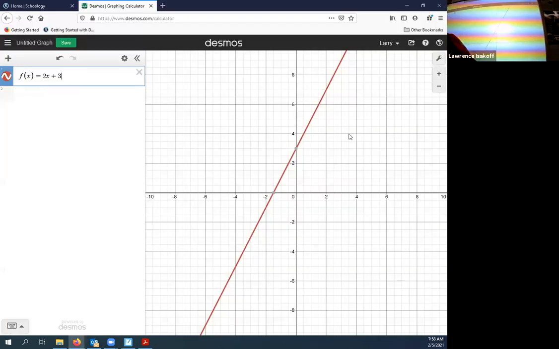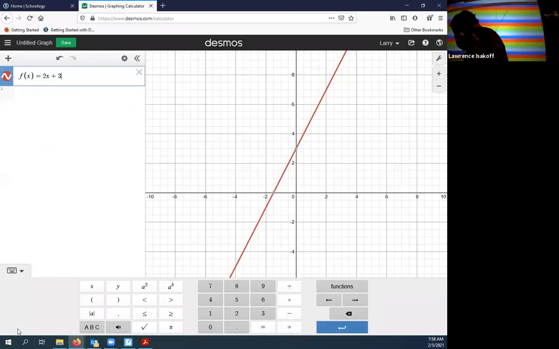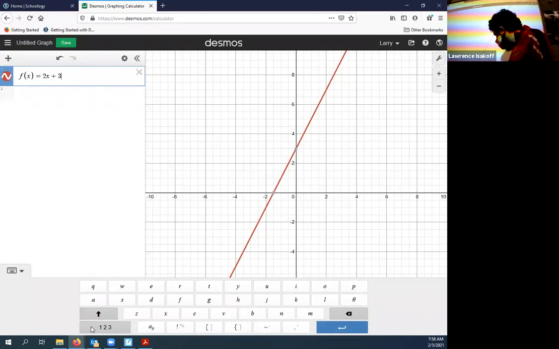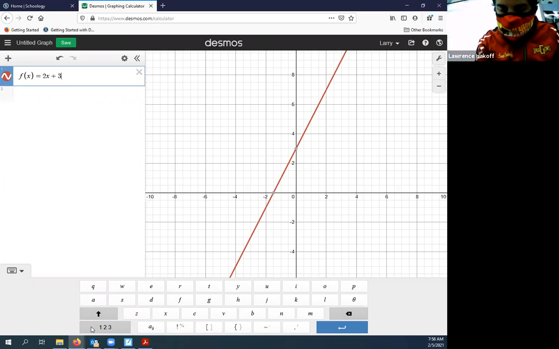Curly braces can be found on the keyboard if I hit A, B, C, and go here on the on-screen keyboard at the bottom row. If you're typing on your keyboard, it will be Shift, and then square brackets are found to the right of P.